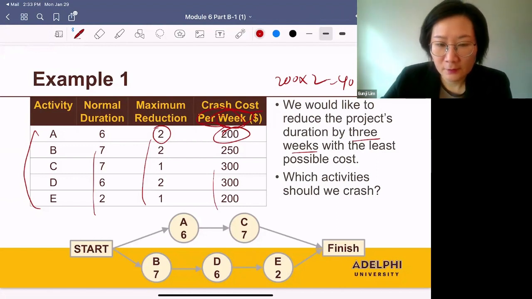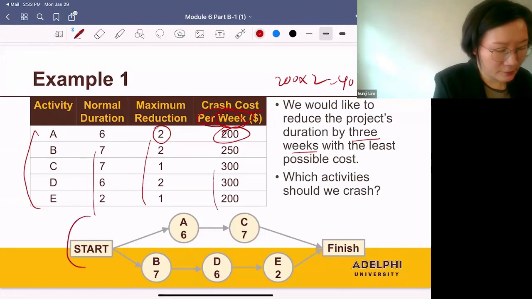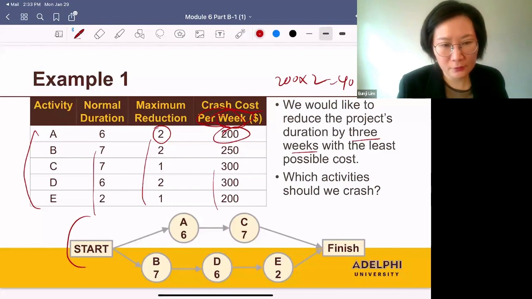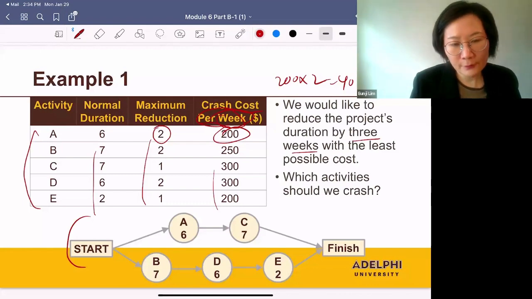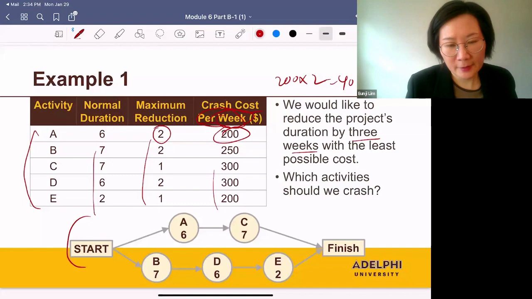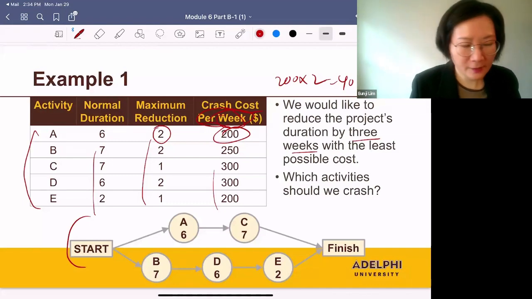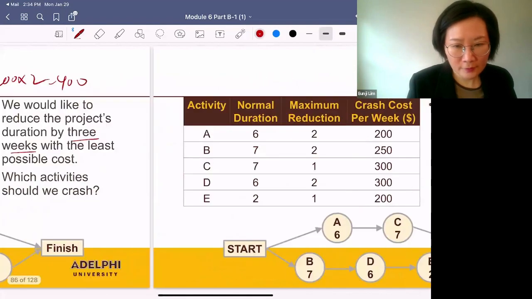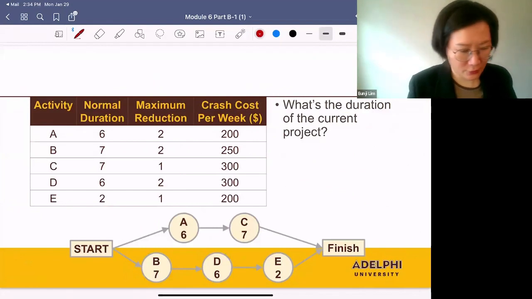Now, using this information, which activities should we crash? So we are given this activity on node network. So first, what's the duration of the entire project? Let's find all the sequences from start to finish.